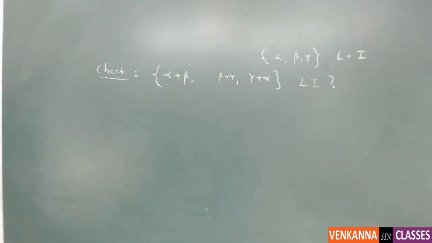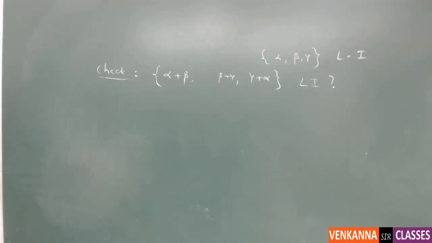I have given 3 vectors, alpha, beta, gamma, and I am saying that the 3 vectors are linearly independent. Now the question is, you need to check whether the 3 new vectors, alpha plus beta, beta plus gamma, gamma plus alpha, are LI or not. So how are we going to prove it?